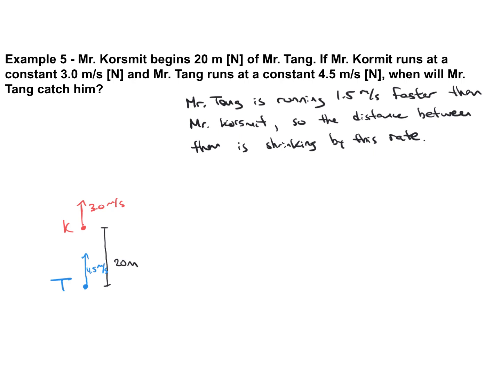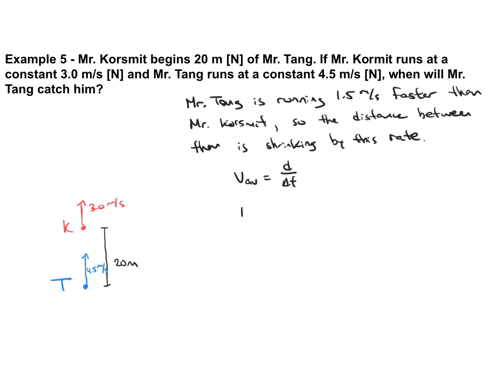Okay, so we're 20 meters apart, and this 20 meters is shrinking by 1.5 meters per second. So how much time will it take for me to close that gap fully? That can now be calculated with the speed is distance over time formula.